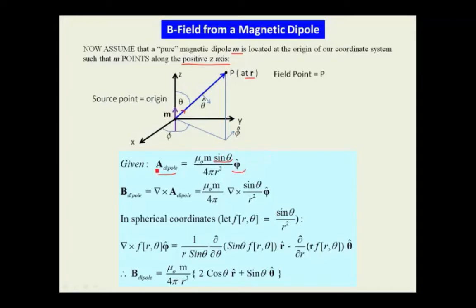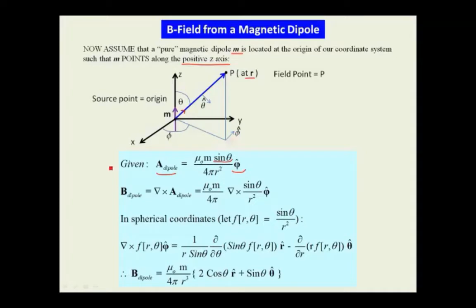So don't forget, this is a vector, and we have it as a single term in the cross product, which is in the phi direction. I've shown that direction here. So if M is oriented as we have here, the phi is given by this angle here, and phi hat is in the direction of increasing phi, so it goes in this direction here.